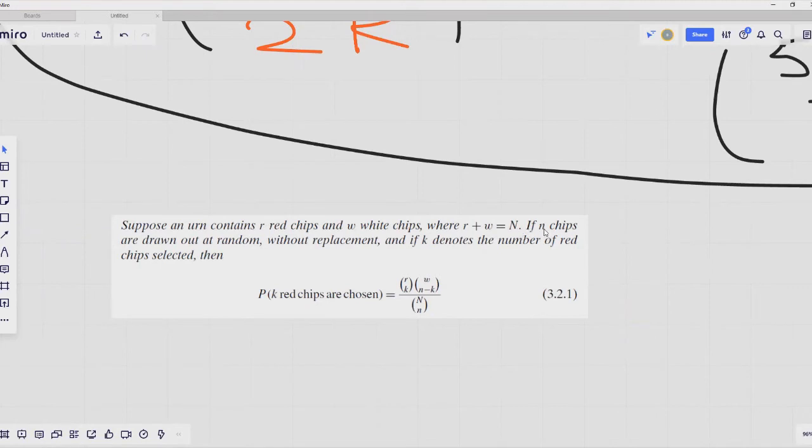If a sample of small n chips are drawn at random without replacement, and if k denotes the number of red chips selected, then the probability of drawing k red chips in our sample of small n chips is given by the following ratio here.